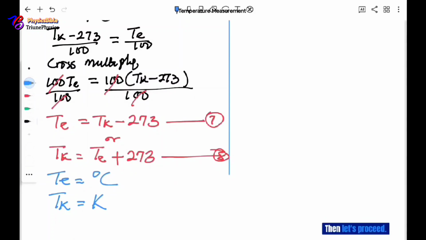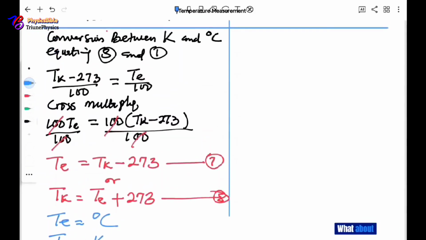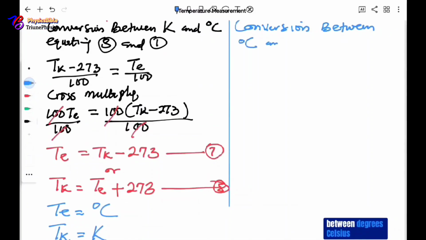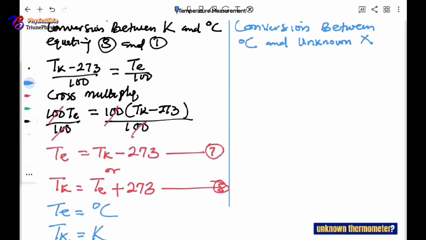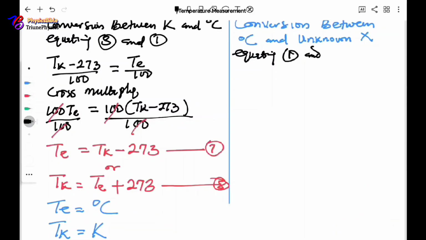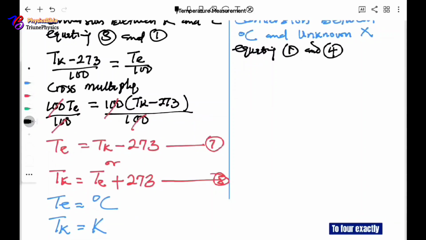Then let's proceed. What about if you are converting between degrees Celsius and the unknown thermometer? Then we will equate equation 1 to 4. Is that clear?